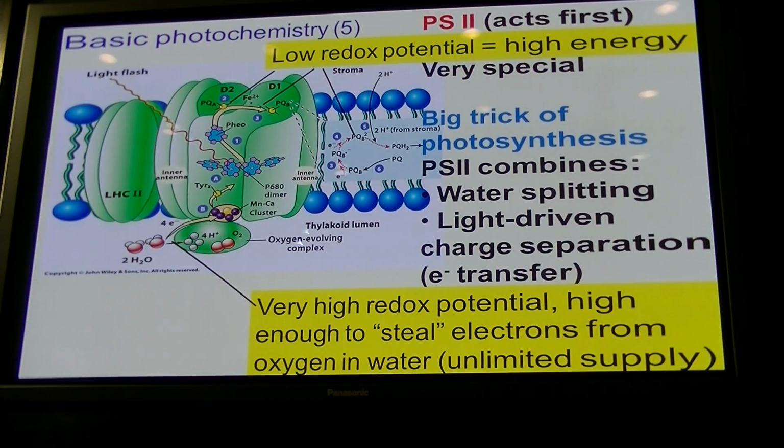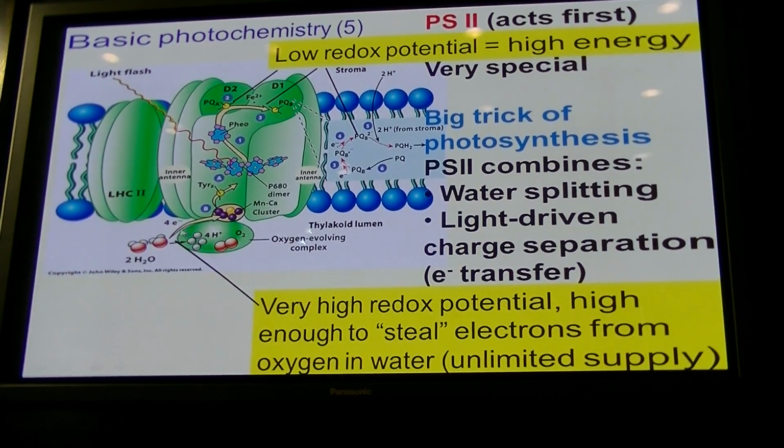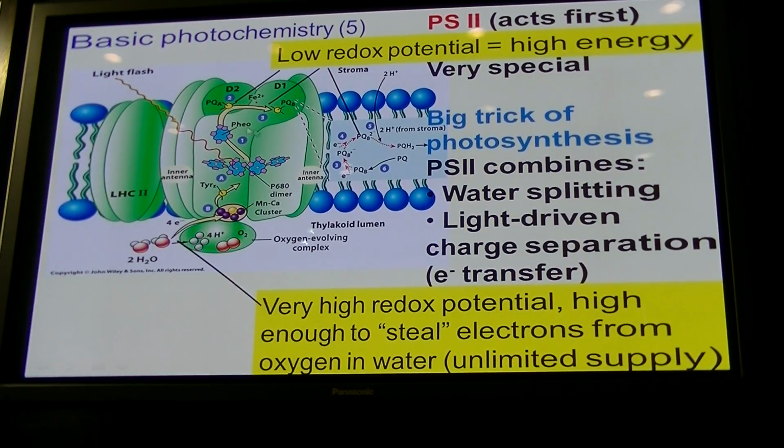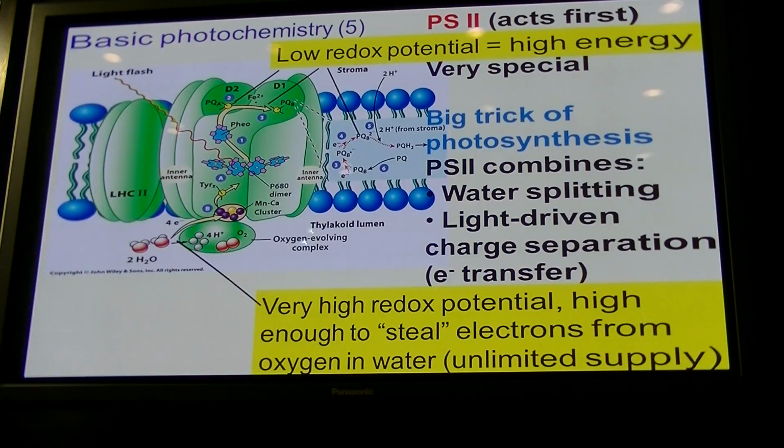Now, what's special about photosystem 2 is that it can do this charge separation and steal this electron from oxygen, and at the same time it can reduce a quinone, which requires a high amount of energy, so a low redox potential. Here, this high redox potential means a very electronegative group, a group that wants to steal an electron so much it can even compete with oxygen.